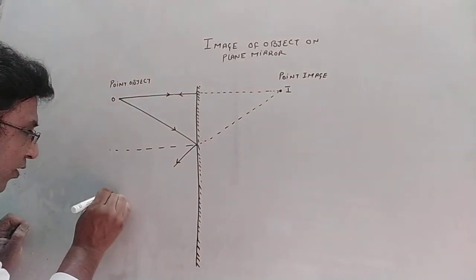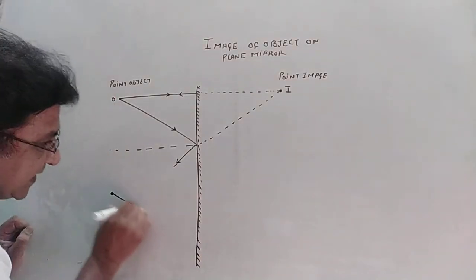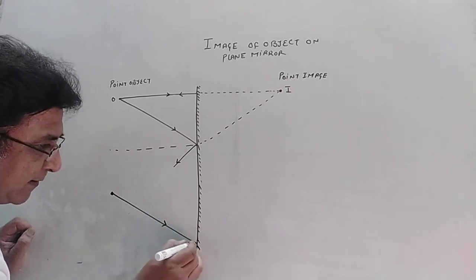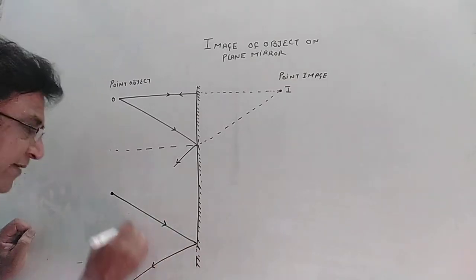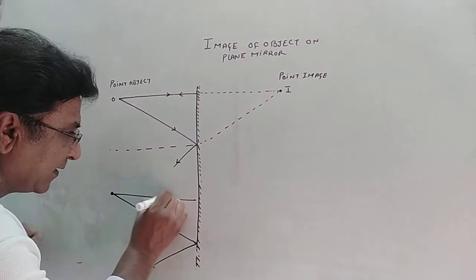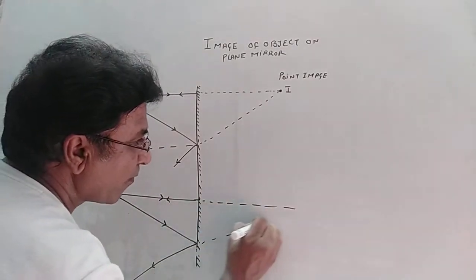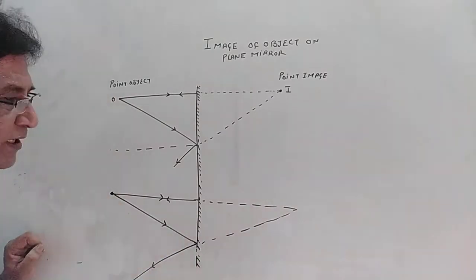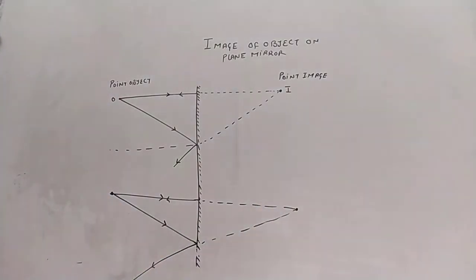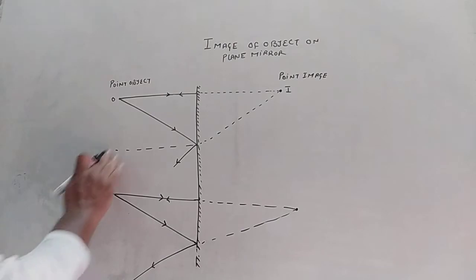Take another point object, and in the same way form an image, that is a virtual image. Now this is another point object, and this is another point image on the same mirror.